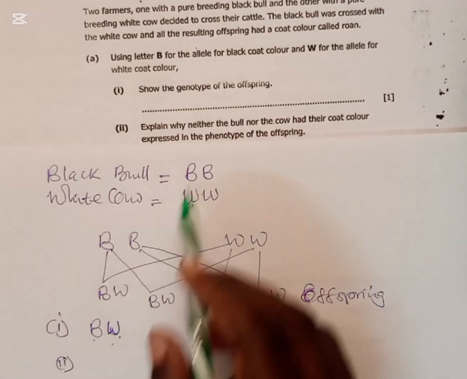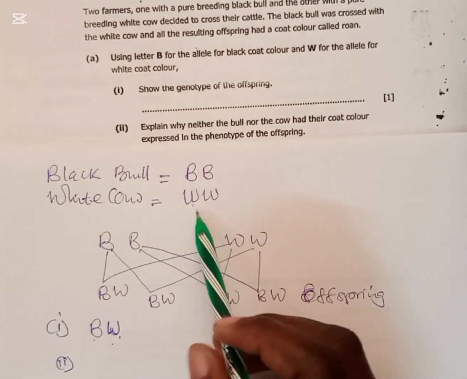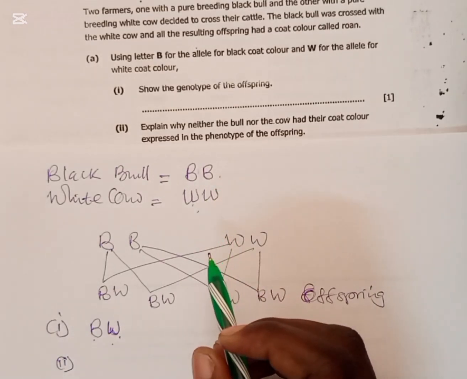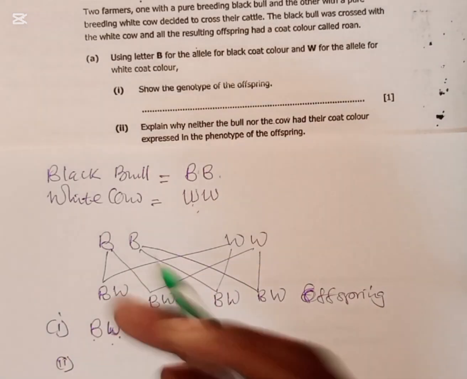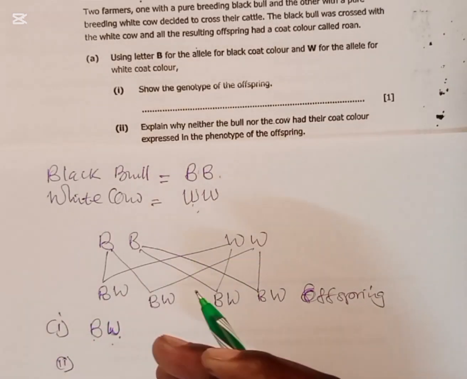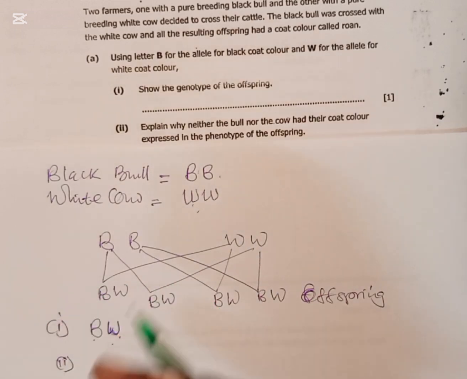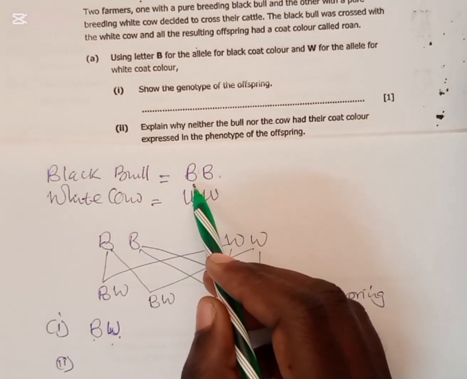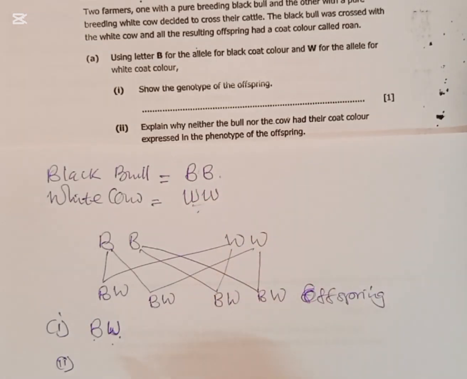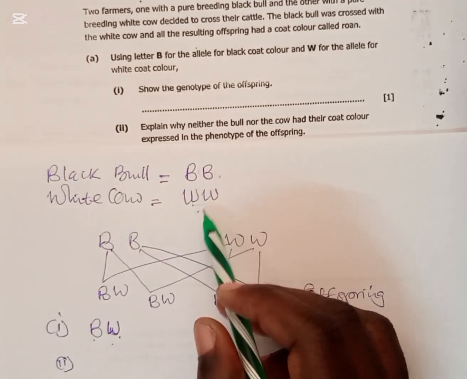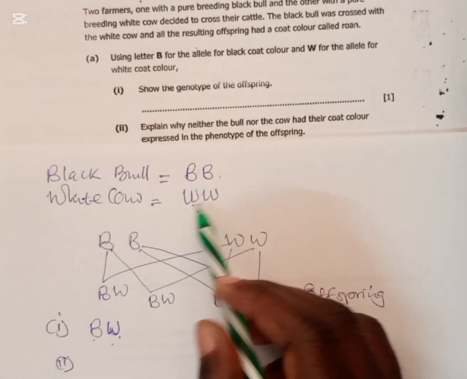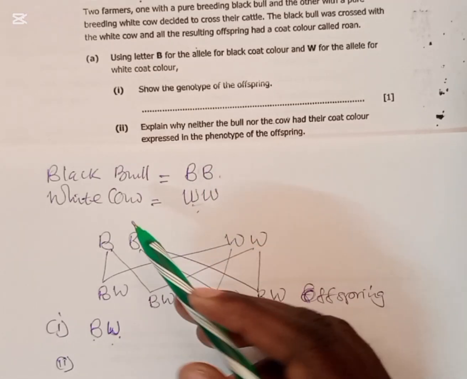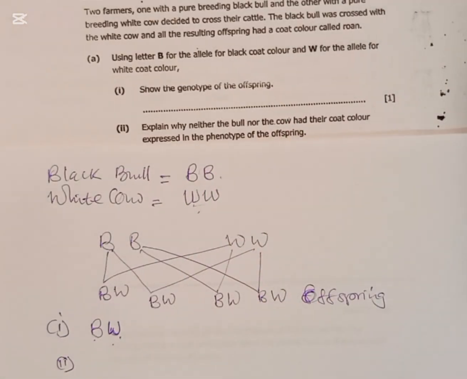So these alleles will be equally expressed in the phenotype. And when we talk about the phenotype, we're talking about the physical characteristics or traits. So the coat color is going to be composed of black as well as white. Why? Because these alleles are codominant to each other. So none is dominant over each other, so they're going to be equally expressed in terms of the physical characteristics.